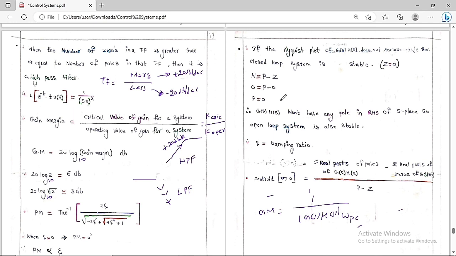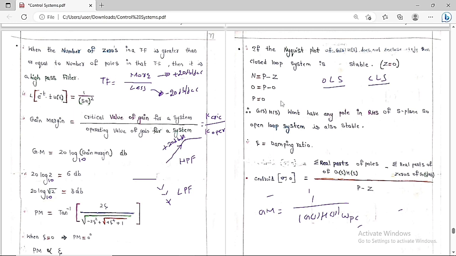From this we can say P is equal to 0, meaning the number of open loop poles present in the right half of the s-plane is 0. Therefore the open loop system is also stable, and G(s)H(s) won't have any pole in the right half of the s-plane. So we can clearly say the open loop system and the closed loop system are both stable in this case.